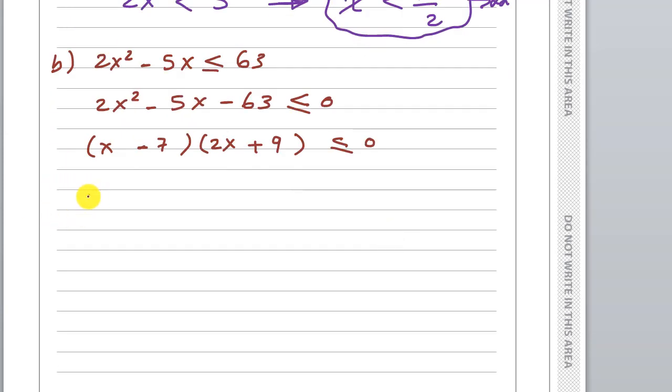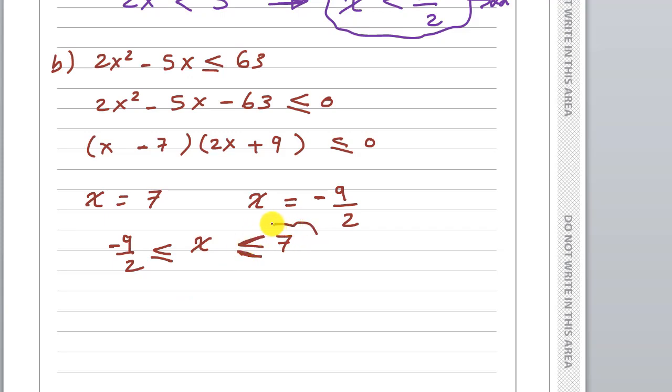So x is equal to 7 and x is equal to minus 9 over 2. So we can write x bigger than or equal to minus 9 over 2 and less than or equal to 7. Okay, and this is the answer of this part. Let us go ahead to another part.